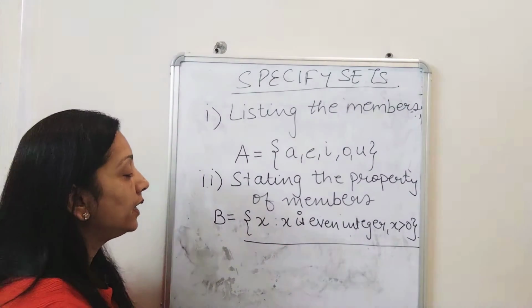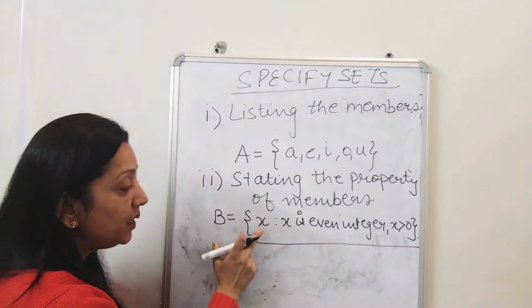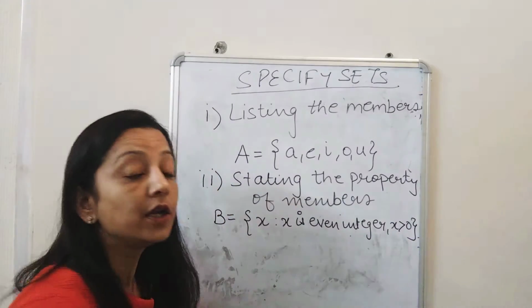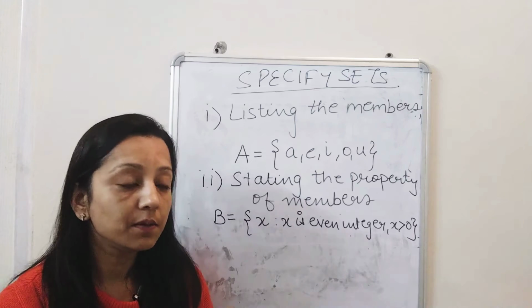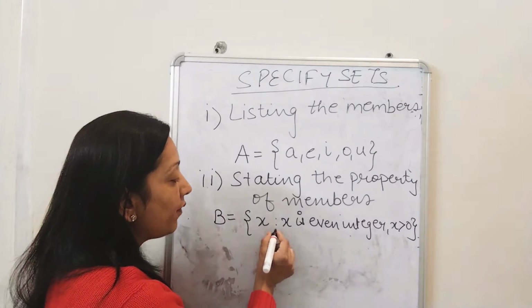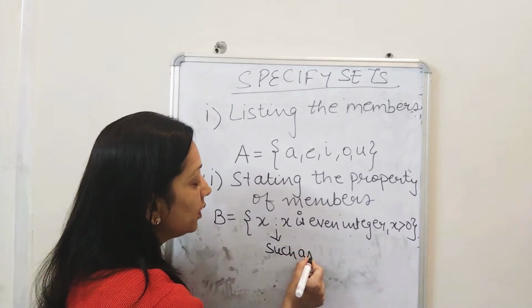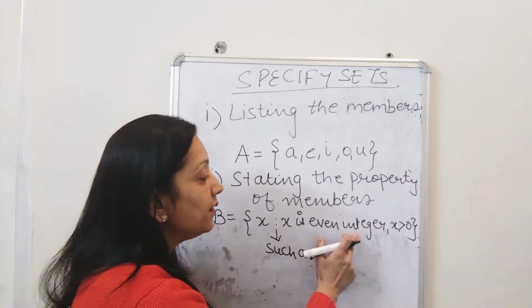Now let me tell you how you read out this statement. This is read as B is a set of X. Now X here represents all the members of the set B. Then this colon is read as such that: X is an even integer.